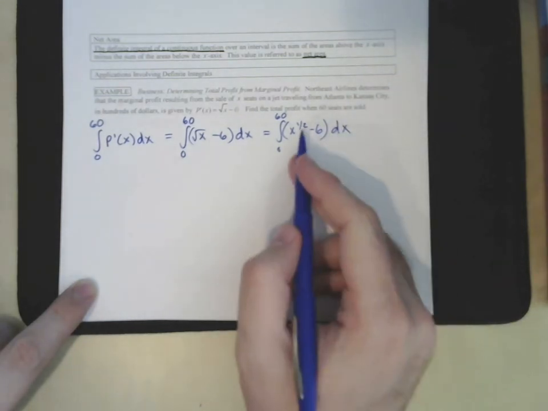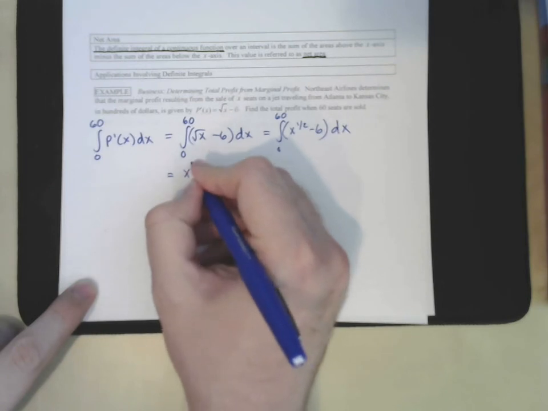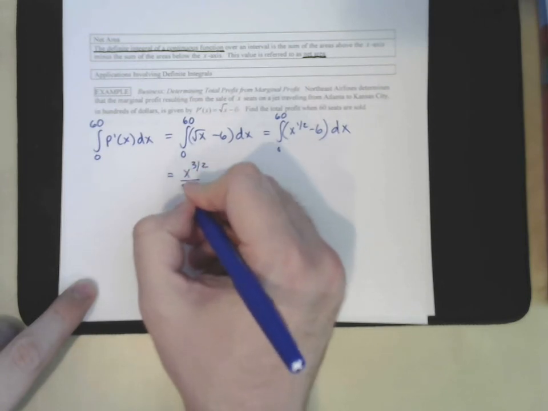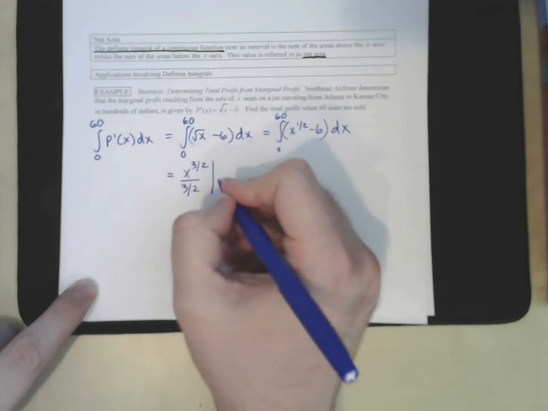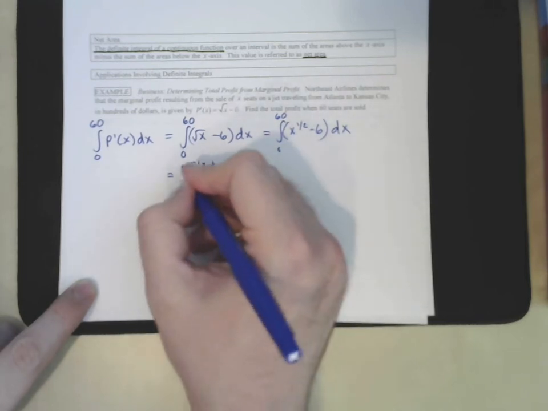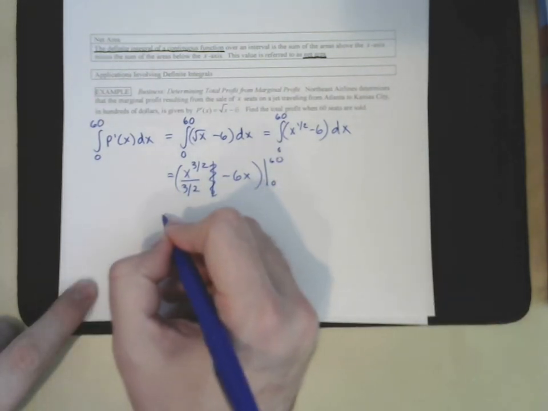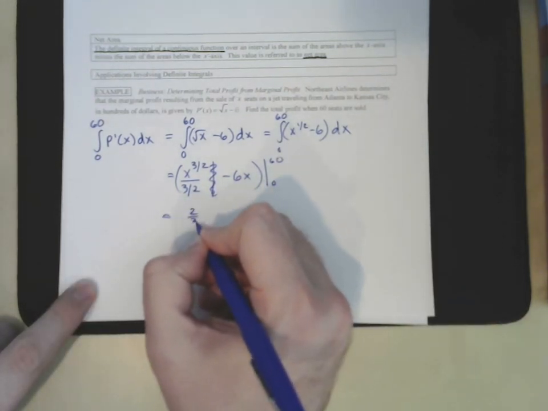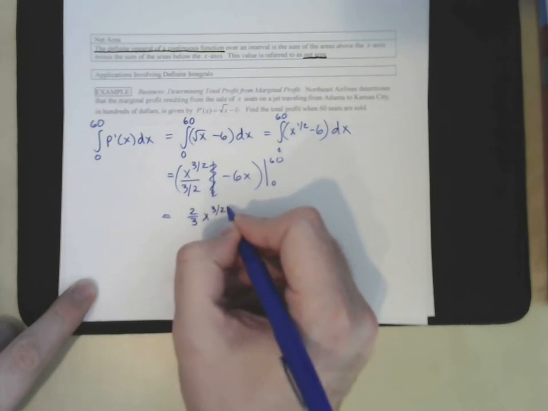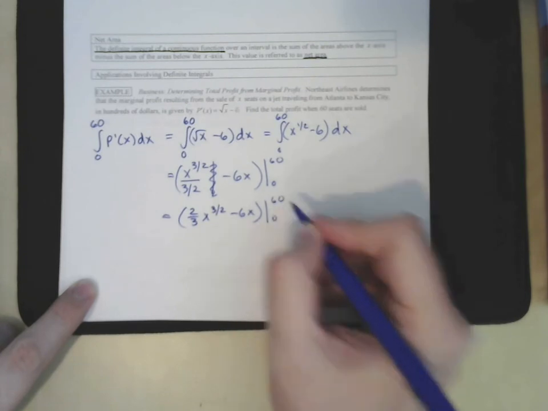So we're using the power rule for integration. So this becomes x to the 3/2 over 3/2, minus 6x, and then evaluated from 0 to 60. So this is 2/3 x to the 3/2 minus 6x from 0 to 60.